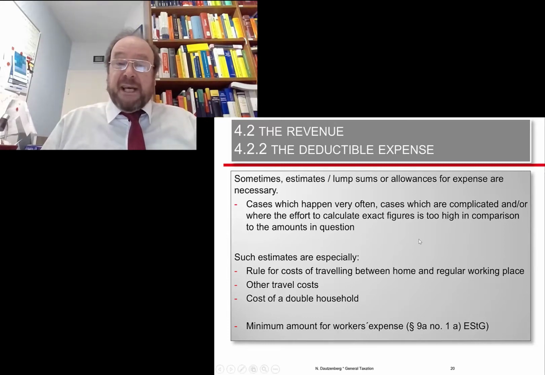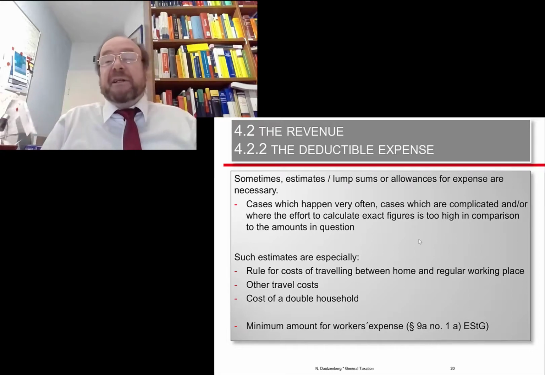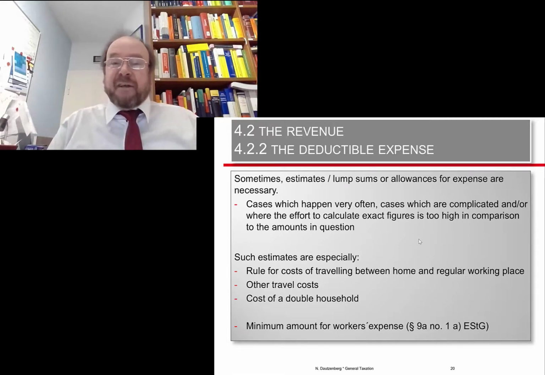Now everybody has probably income related expenses, so from time to time, just to make checking the tax returns easier, the law makes standard estimates or minimum amounts which you can deduct from the tax base.